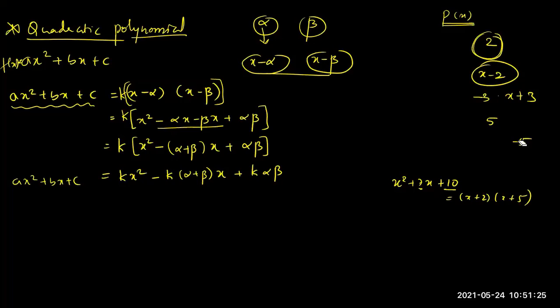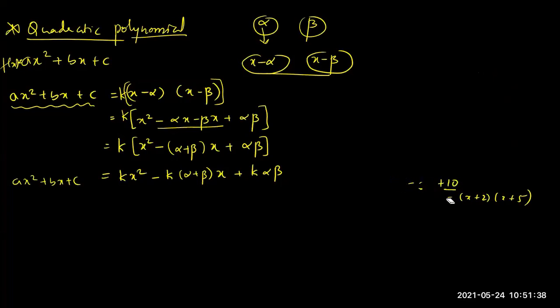Next, equating the coefficients of x square, x and constant term. We need to make the coefficient of x square equal in LHS and RHS. What is the coefficient of x square in LHS?